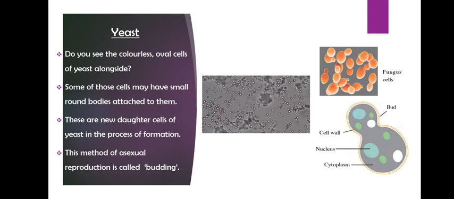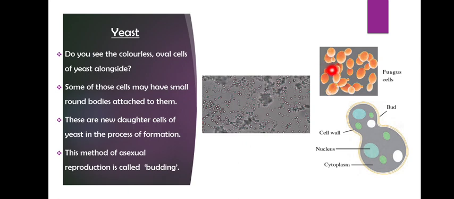Now, whatever the oval cells you are seeing here, they are yeast. Now, some of these cells may have small round bodies attached to them. See here. Can you see these round bodies here? So these are new daughter cells of yeast which are in the process of formation. See here, this one cell of yeast, and here this is the round body which is attached to it.